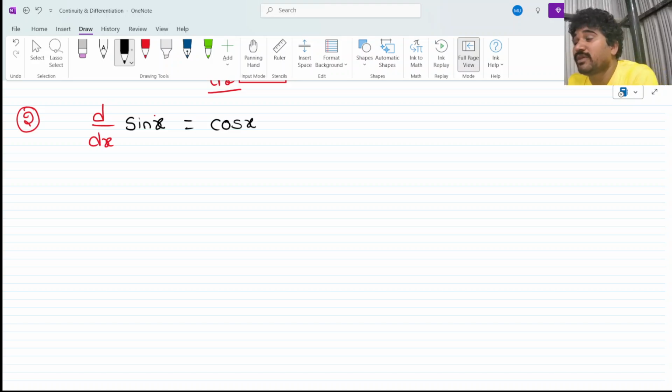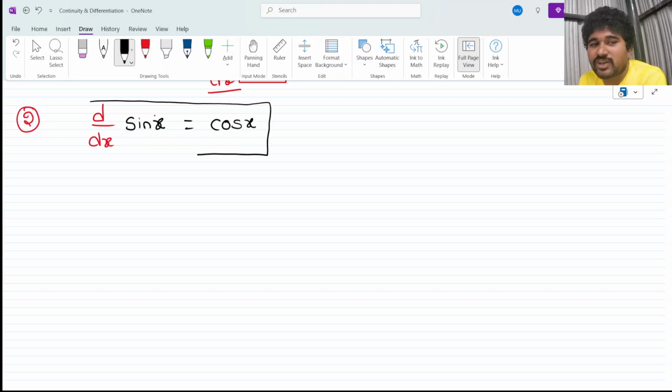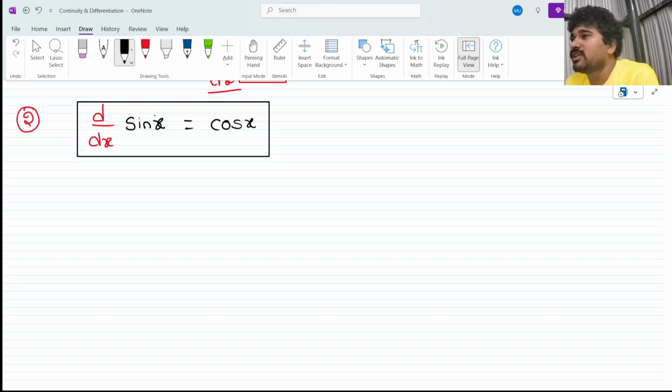Cos x. Remember now. Differentiation of sin x, what is that? Cos x. Clear for everybody? But I don't want you to remember it this way.